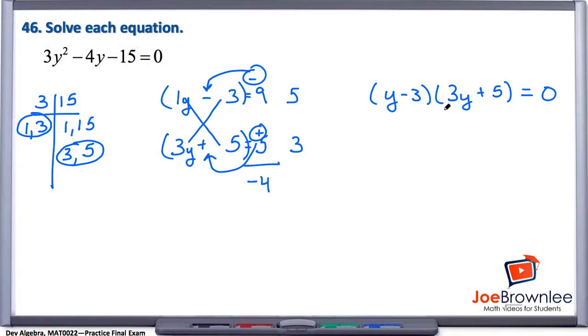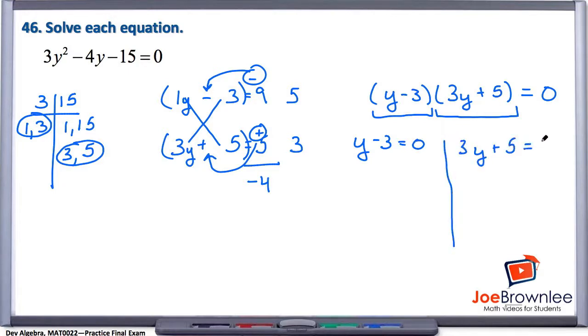But now that we've factored the left-hand side of this equation here, we're going to set each of these factors equal to 0 and solve. So we'll have y minus 3 equals 0, and we'll have 3y plus 5 equals 0. Well, this equation here, pretty straightforward.